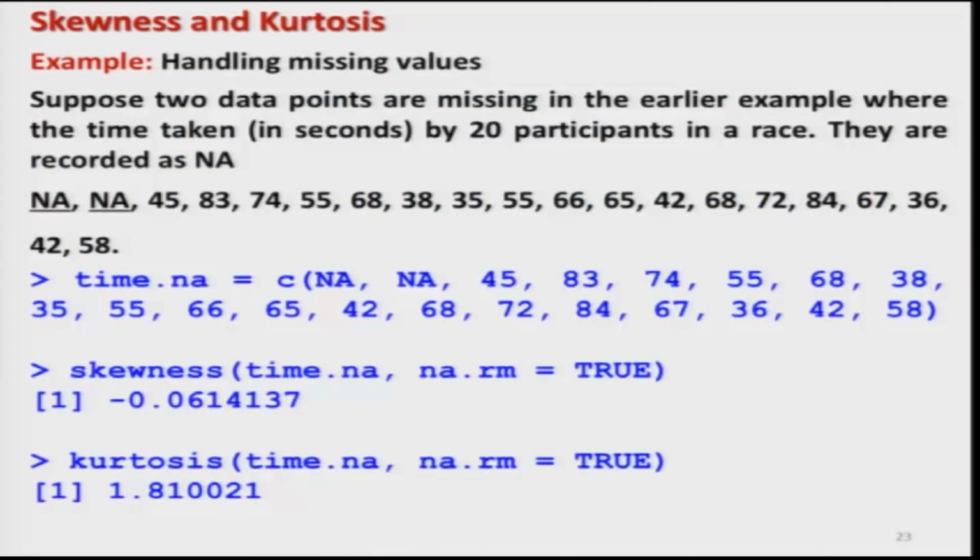And now I will take one more example where I will show you how to compute the coefficient of skewness and kurtosis when we have some data missing. So, I will take the same example in which I have just removed the first two observations and replaced them by NA, which means the data is missing, and this data is stored in the data vector time.na.